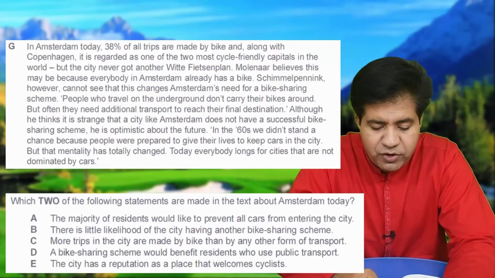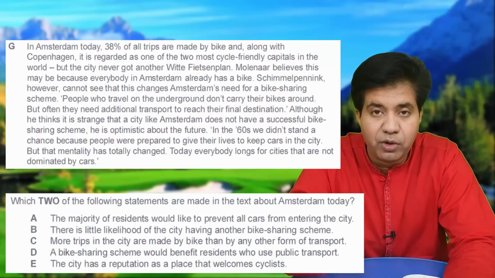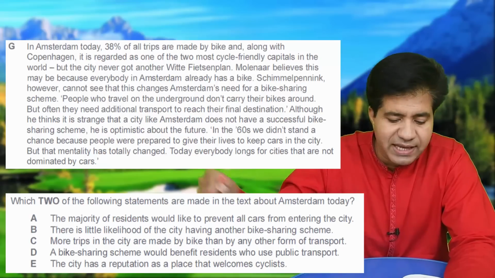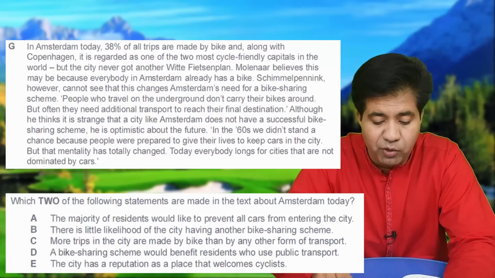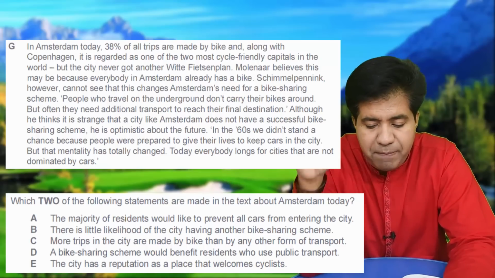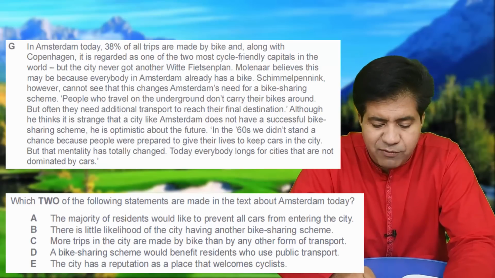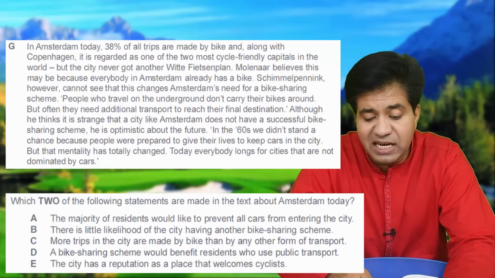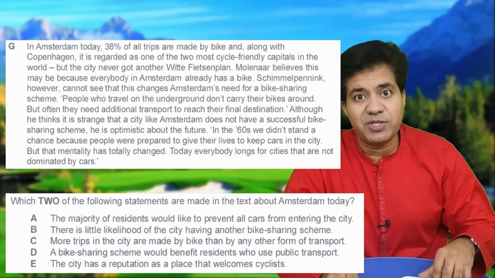C. More trips in the city are made by bike than by any other form of transport. More trips made by bikes than any other. D. A bike sharing scheme would benefit residents who use public transport. So bike sharing scheme benefit residents who use public transport. E. The city has a reputation as a place that welcomes cyclists.